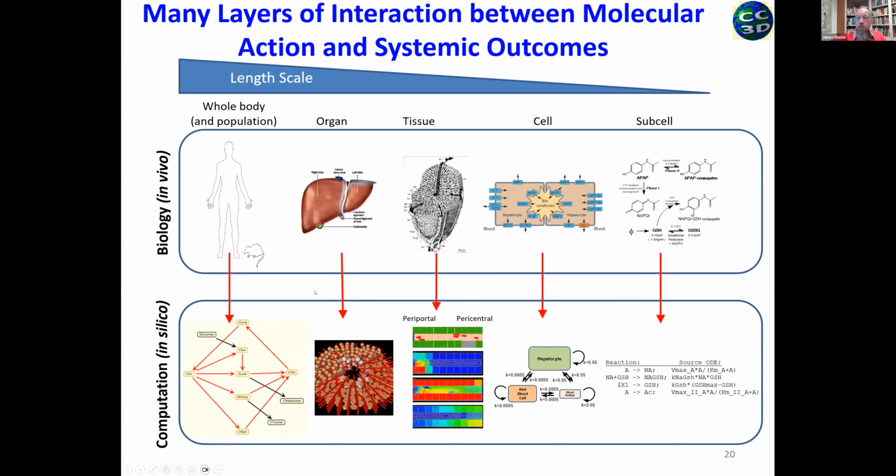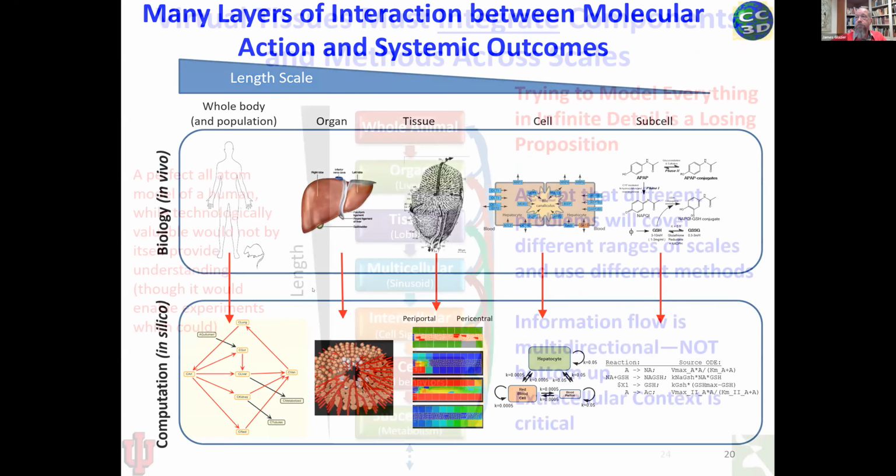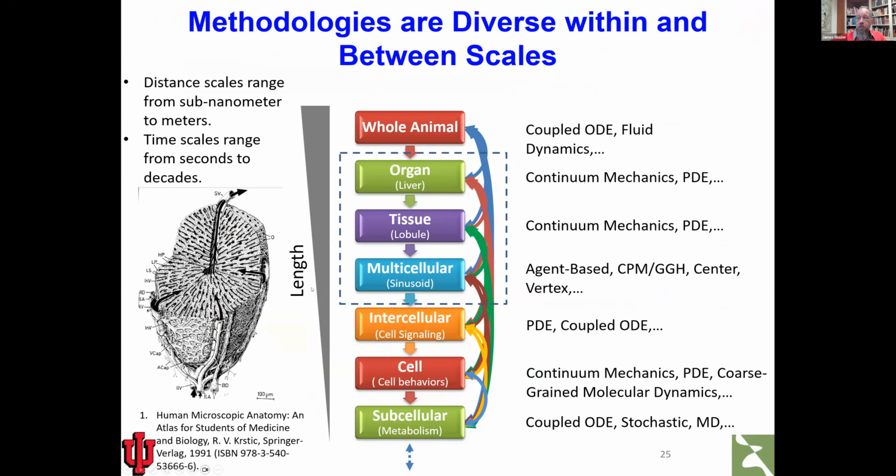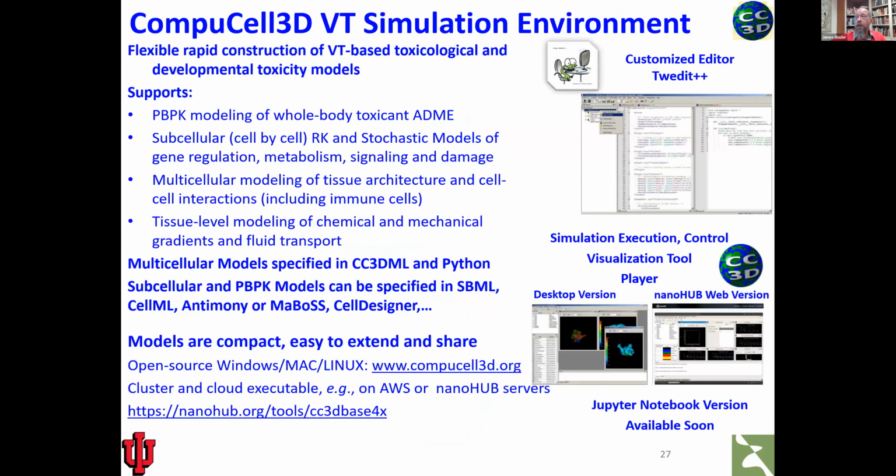And that means that there isn't an agreed upon API at each scale for saying how our components are going to work. We have to be able to connect these across scales. We have to be able to deal with different solver technologies within and between scales.